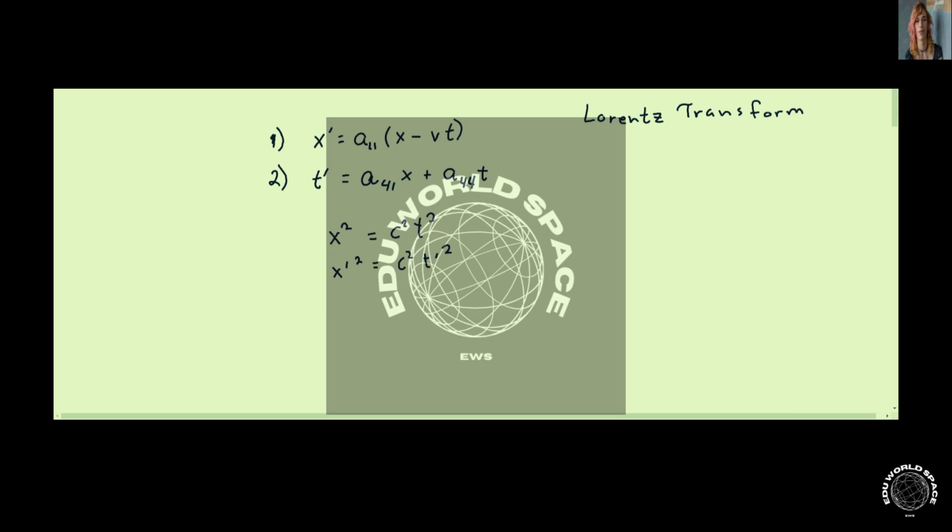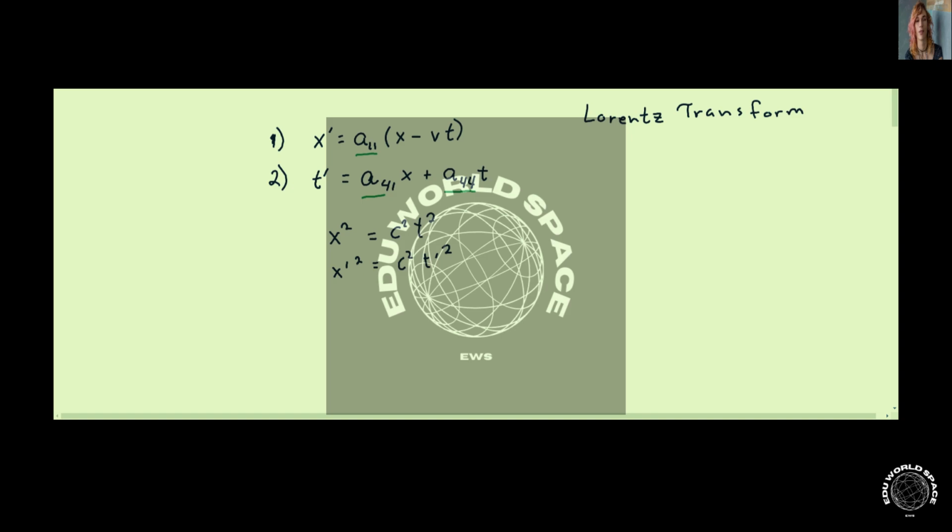Using the principles of relativity and some simple symmetry arguments, we can whittle it down to just 3 coefficients that we need to find, and they are labeled here as A11. If you were thinking about a matrix, that's where the sub-indices are coming from, A41 and A44.